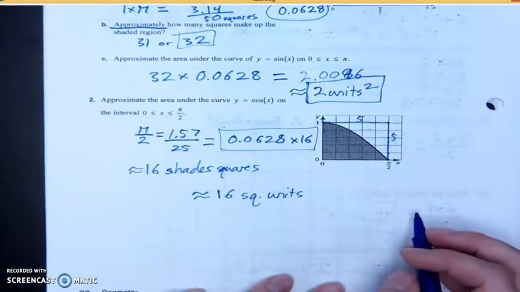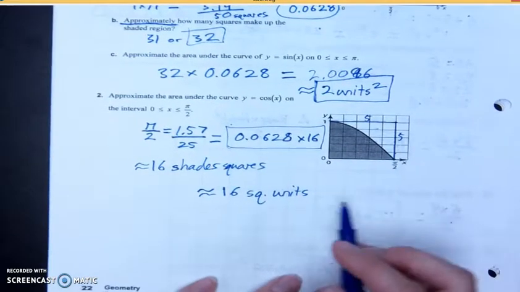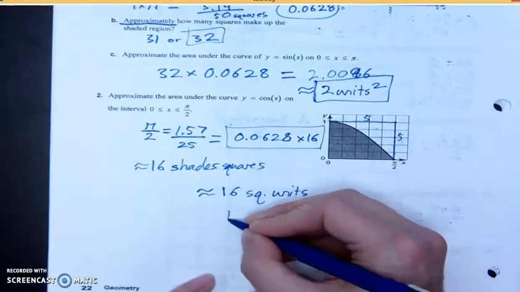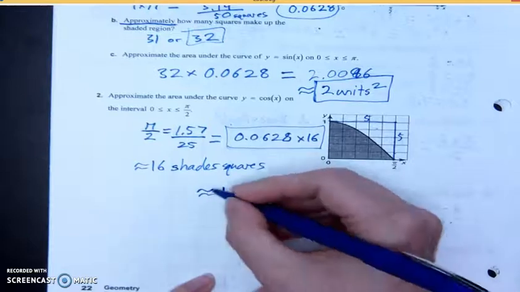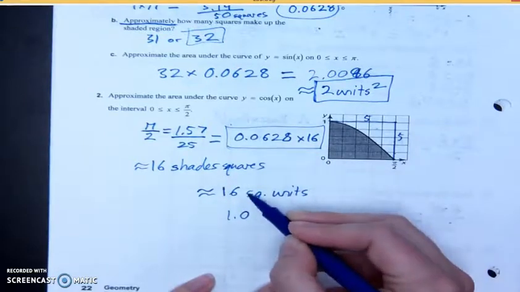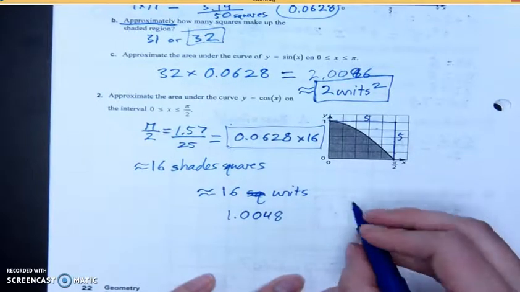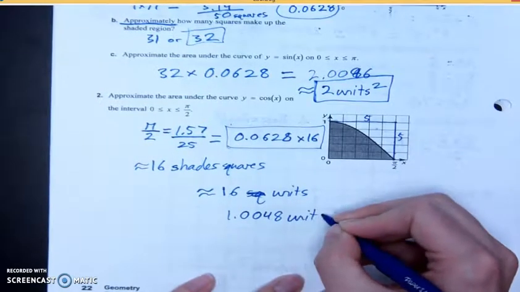For the total answer? Okay, I think you're right. We have approximately 16 units, and then 1.0048 would be our units squared.